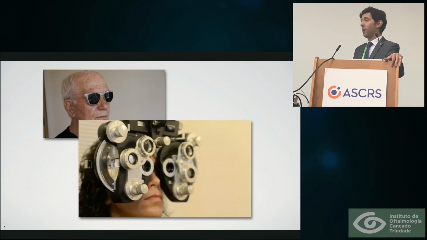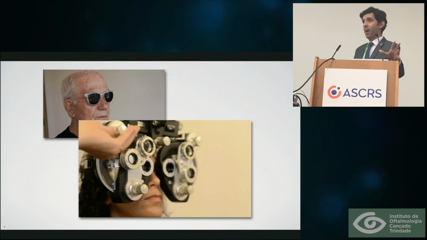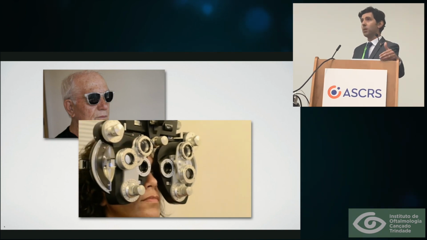We have to first try to find the best refraction to then add a pinhole on top of that best refraction, because here we are trying to separate the low order aberrations which are corrected by the refraction from the high order aberrations which can benefit from the pinhole occlusion. So this is an important take-home message when we're trying to find a good candidate. It's better to, of course, do the pinhole occlusion on top of the best refraction.